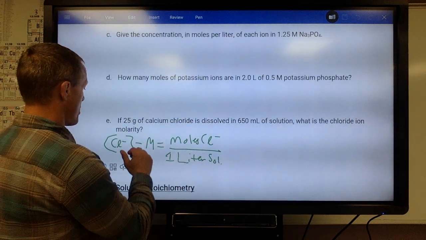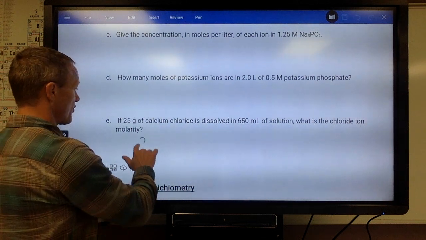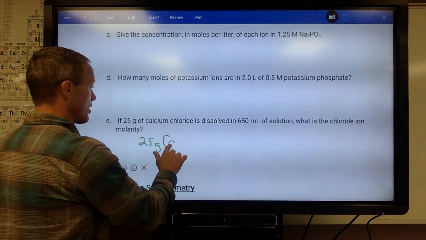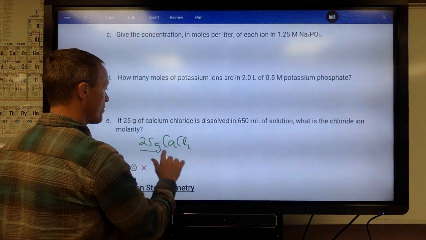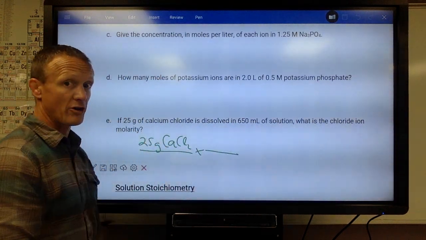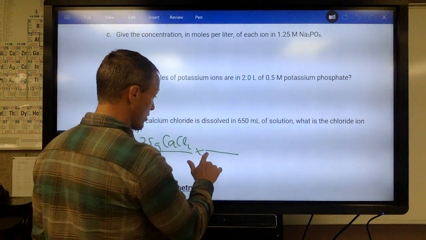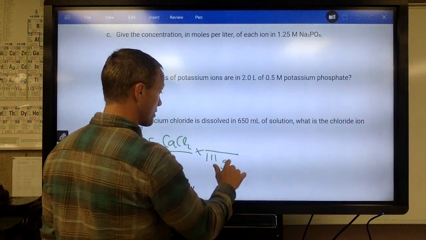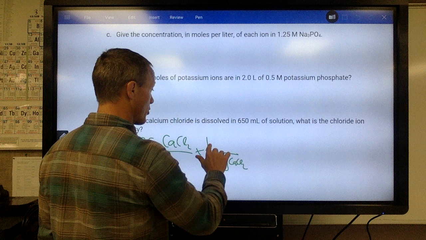So we're going to say, okay, we have 25 grams of calcium chloride, CaCl2. Calcium chloride as a whole, not just chloride ions, is 111 grams per mole.